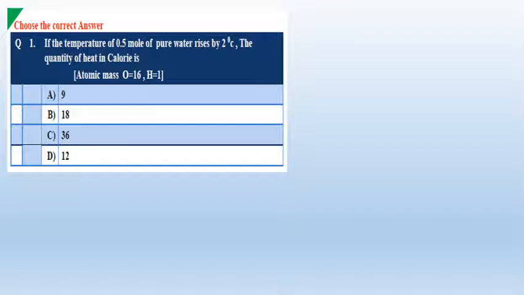Please pay attention here. In this question, he asks you about just half mole. So I will calculate the mass of 1 mole, then divide it by 2 to calculate the mass of half mole of pure water.